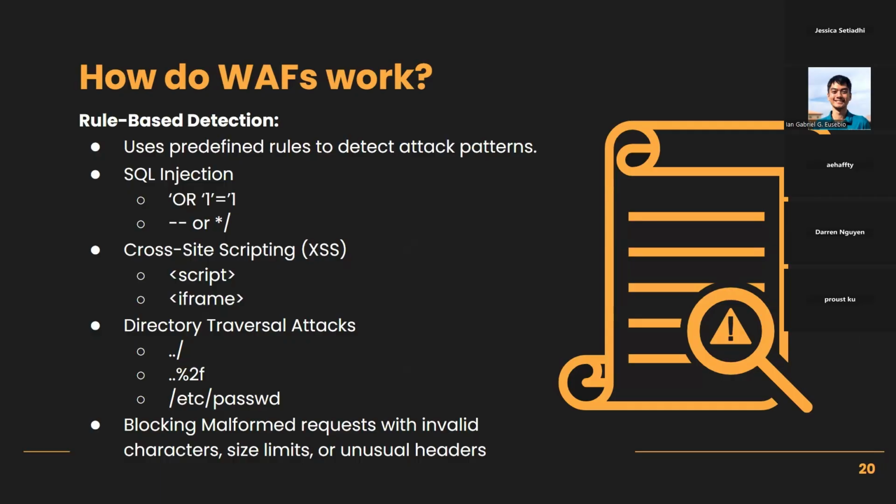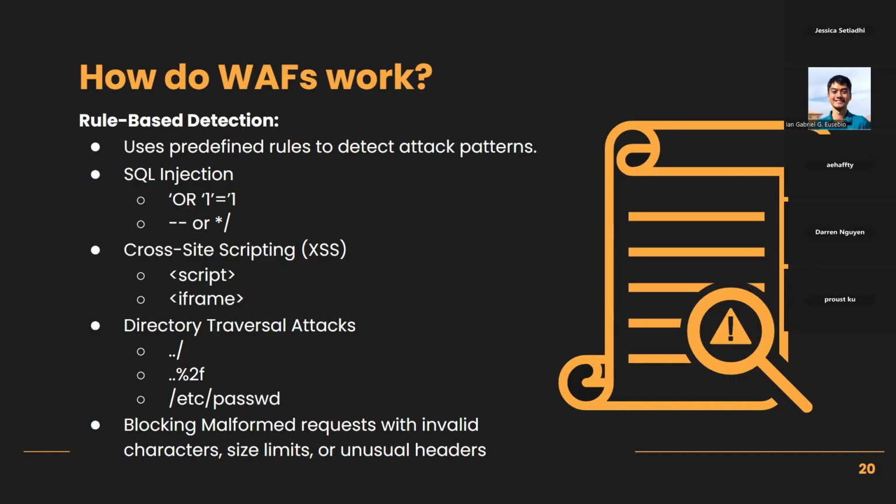It's going to look through the content of the packets, and it's going to look for certain queries like ' or 1=1 for SQL injection, where it looks to see if the malicious user is trying to make the SQL query always come out true. It's also going to look for certain comment syntax, such as 2 dashes or */, which is used to comment out stuff in a SQL query.